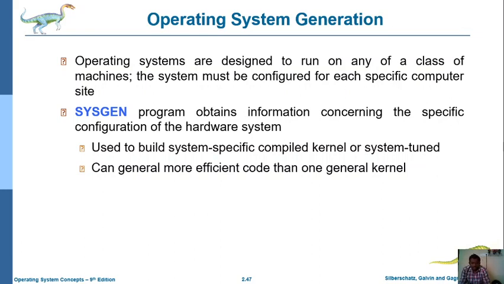Here the system generation program can build system-specific compiled kernels. That means based on the system generation, the hardware components will be slightly varied from one generation to another generation.